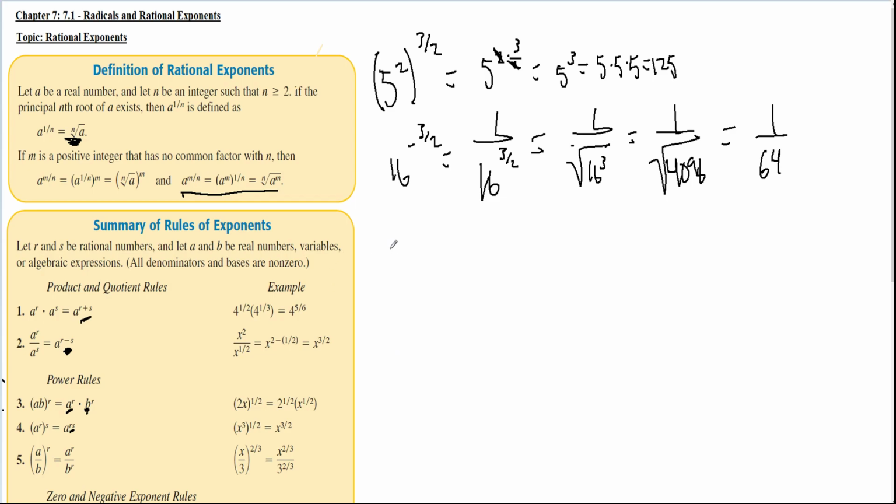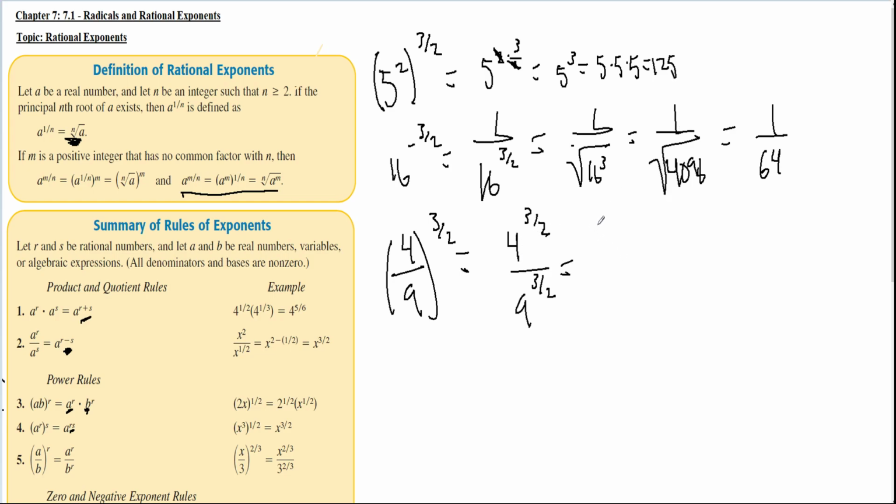If I have 2 numbers that are being divided, which are raised to the 3/2 power, what I have to do is distribute my power to each of these numbers, right? So I have 4 raised to the 3/2 power divided by 9 raised to the 3/2 power. And I have to use my definition for rational exponents to rewrite this.